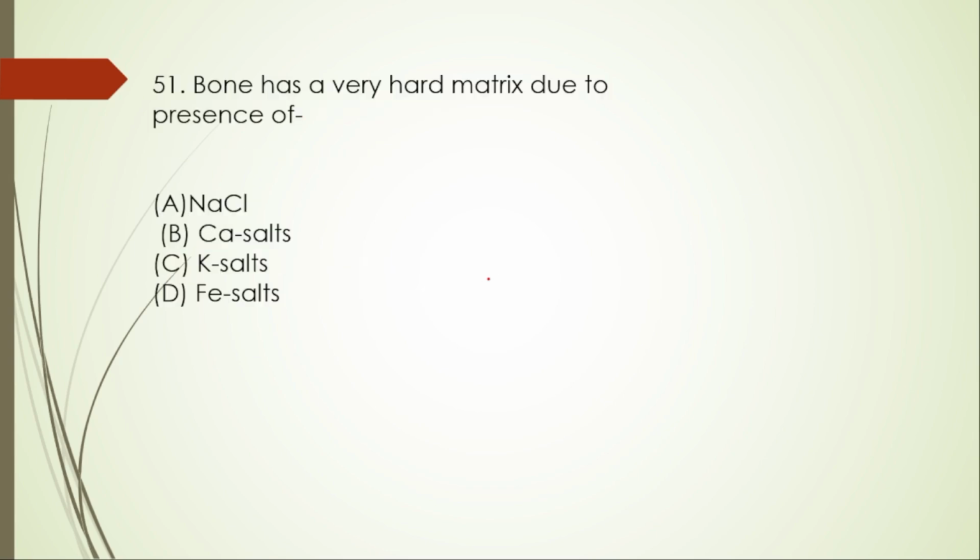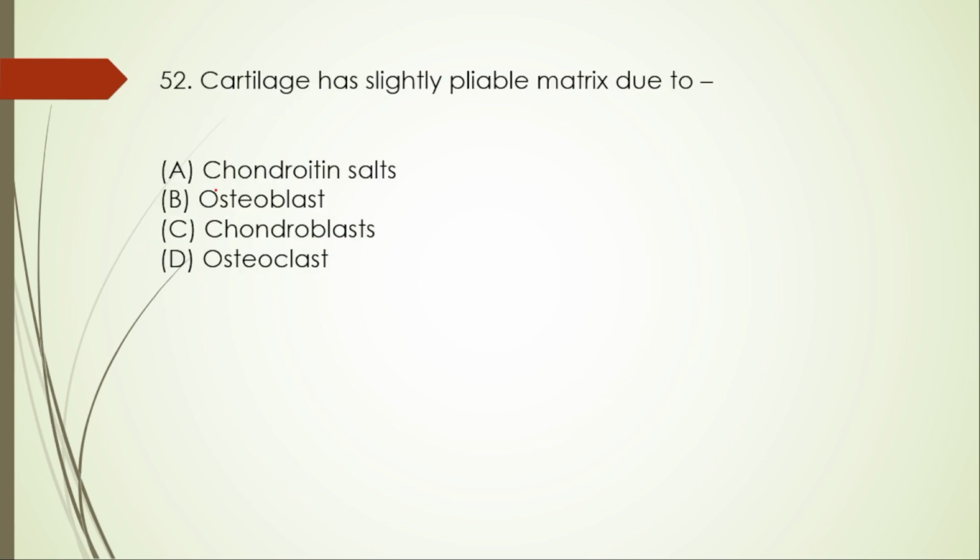Next one, 51. Bone has a very hard matrix due to presence of A, NaCl, B, calcium salts, C, potassium salts and then D, ferrous salt, Fe salts. So here the right option is option B, that is calcium. They are incorrect. Next one, 52.